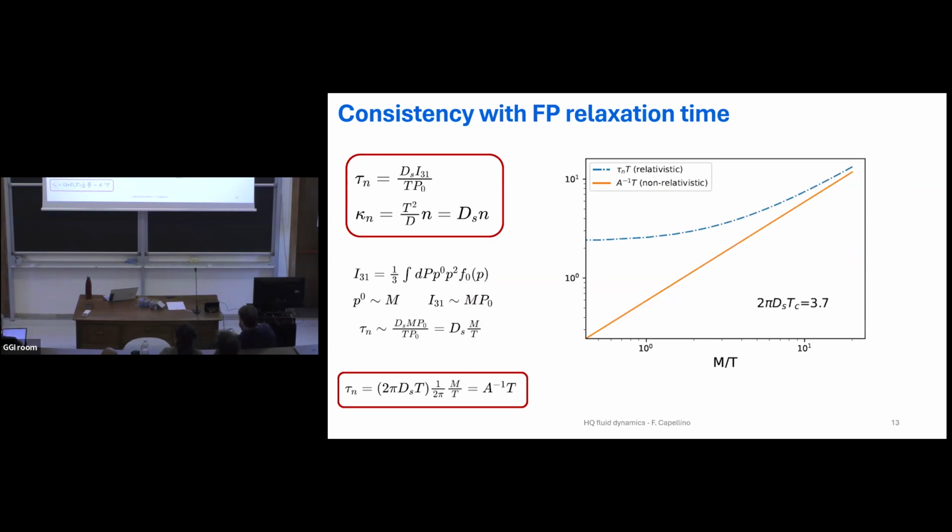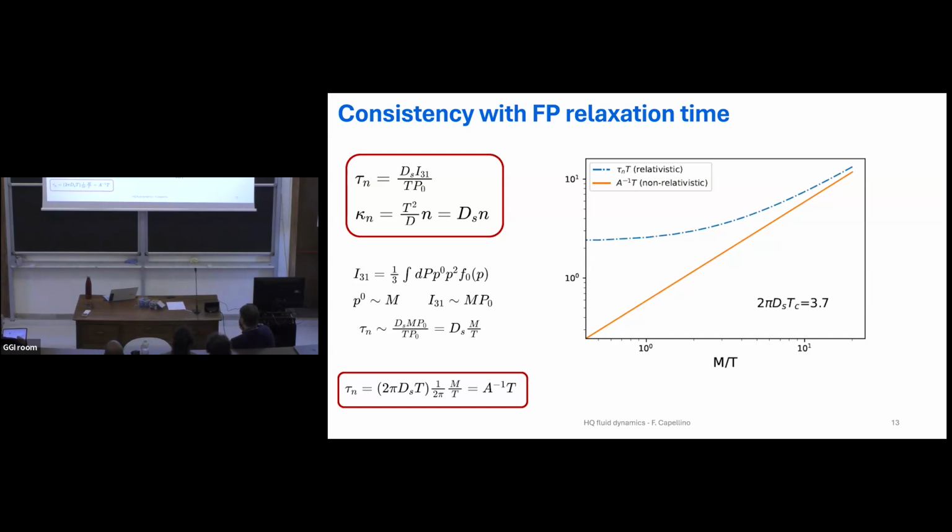Yes, so then one first consideration that we did was to basically compare the relaxation time that we get in this fluid dynamic approach with what's defined in the standard way in the Fokker-Planck approach as the typical kinetic relaxation time of the heavy quarks, which is just given by the inverse of the drag coefficient, basically, times the temperature.